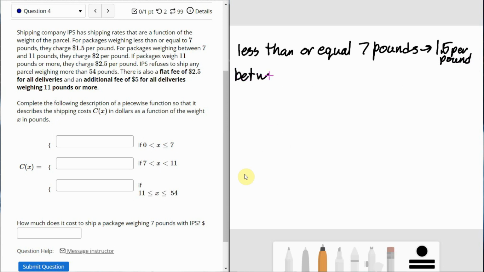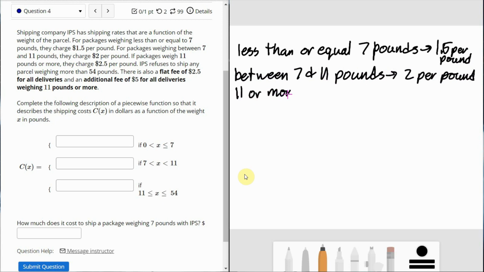Between 7 and 11 pounds, it's $2 per pound. And 11 or more pounds is 2.5 per pound.